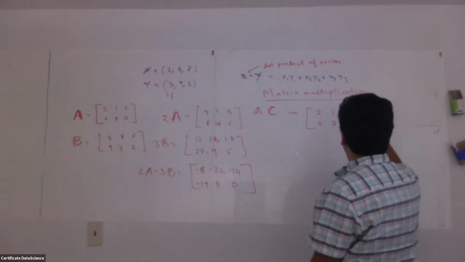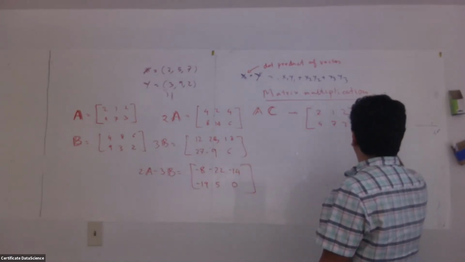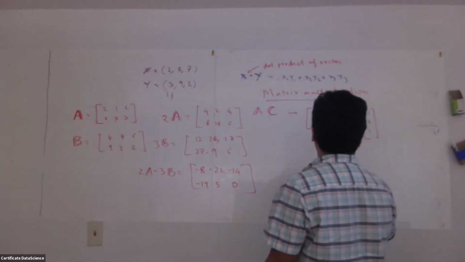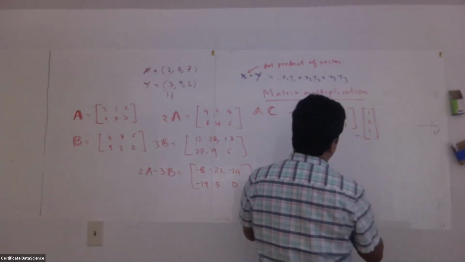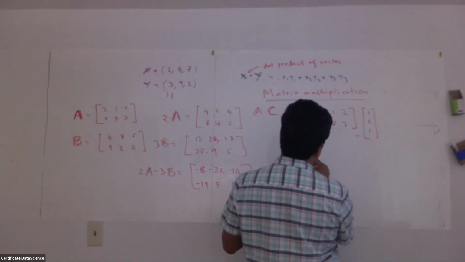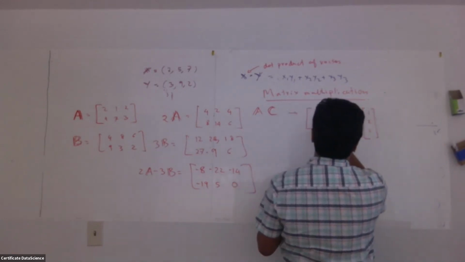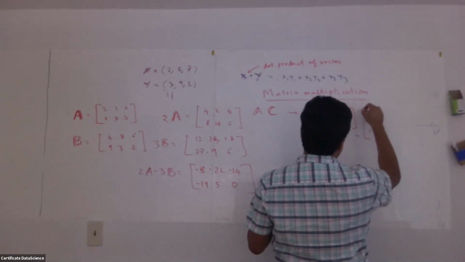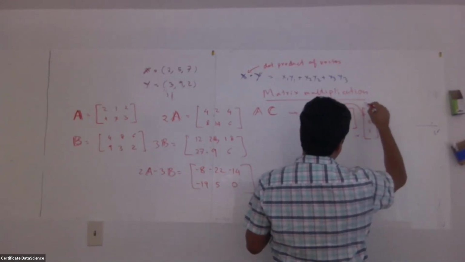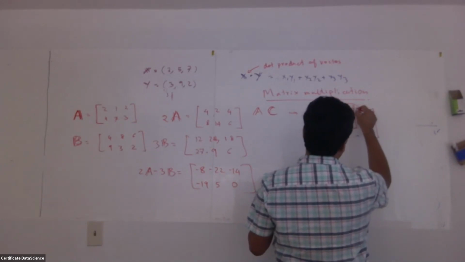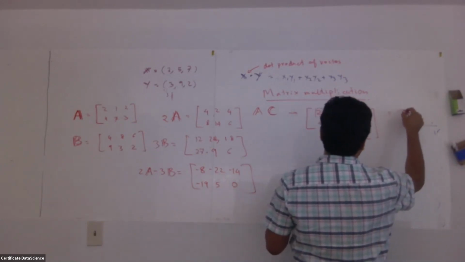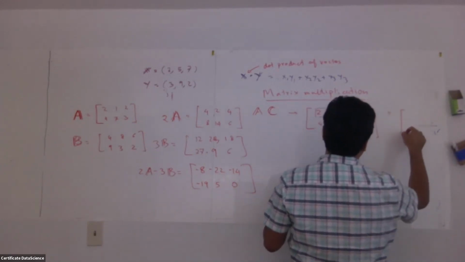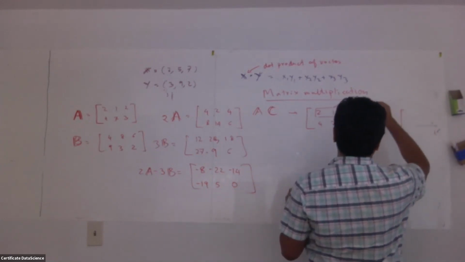And here I have a 1, 2, 1 matrix. The way I do this multiplication is, take this slice, multiply it element wise, add them up, and place the value here.